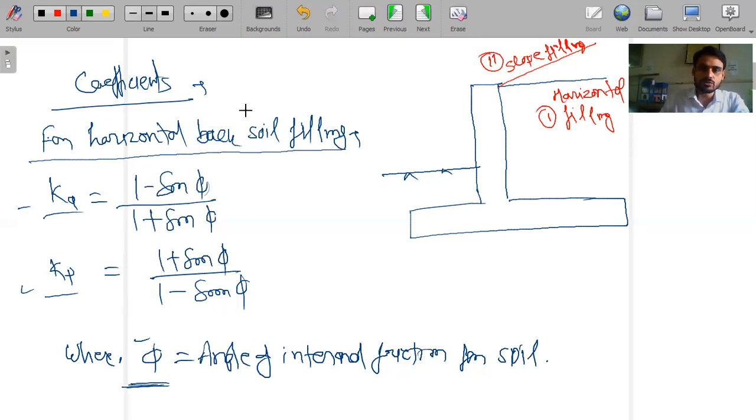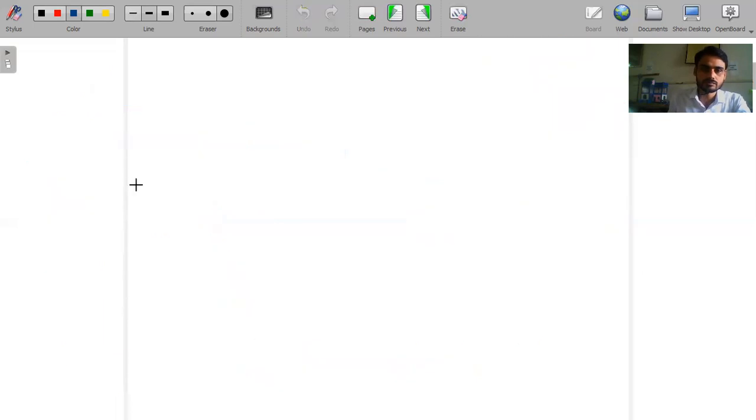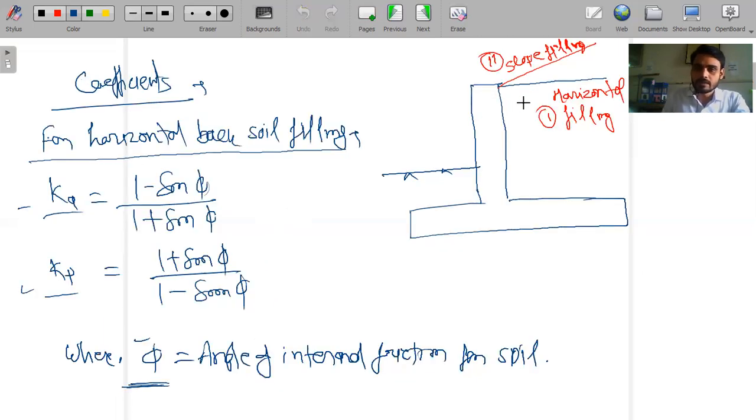And if we use the sloping filling, we have filled the soil in backside in a sloping pattern. In that situation, the coefficient of earth pressure can be calculated. Here, the angle of the sloping from the horizontal is called beta or theta. We can nominate in any pattern. Okay.